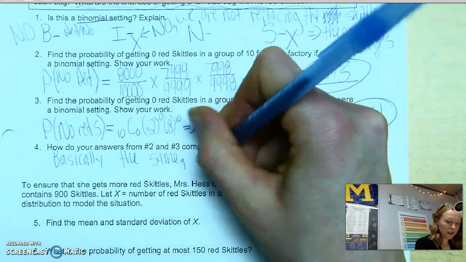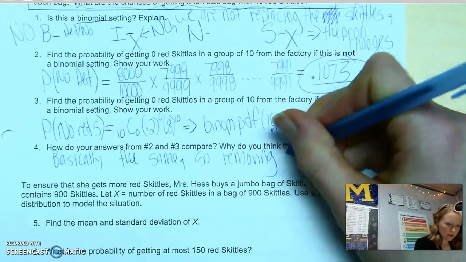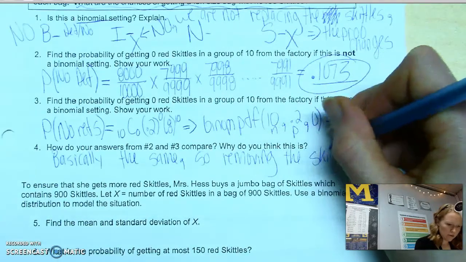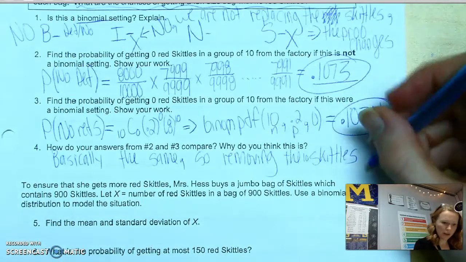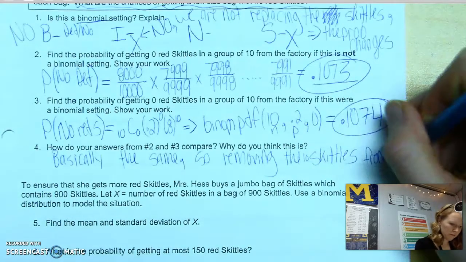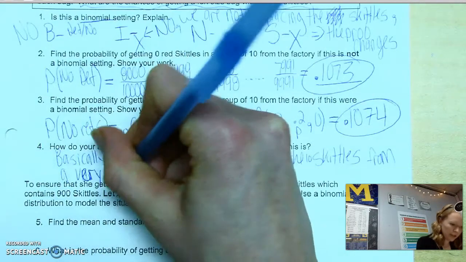So removing the 10 Skittles, I should say, from a very large sample was not detrimental.